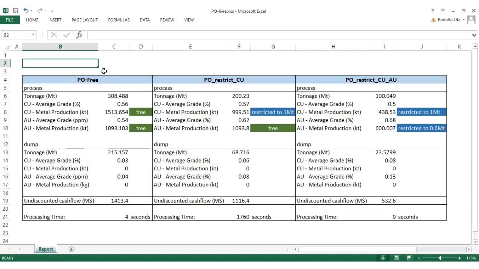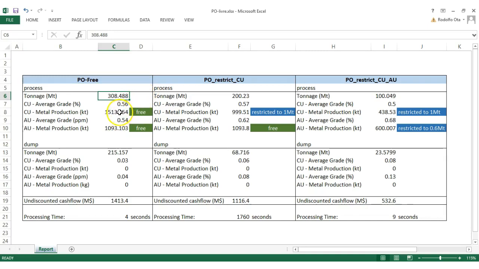And finally, the example that you are seeing on the spreadsheet is related to the metal production after applying recovery rate. So this is the metal production after the processing plant, and I've run 3 cases so you can see and compare all of that. The first one is a free case without this restriction.